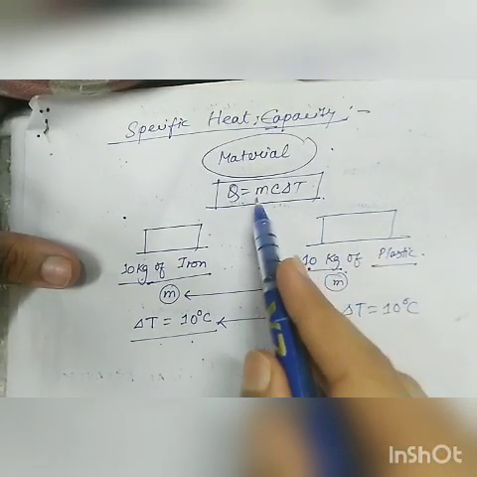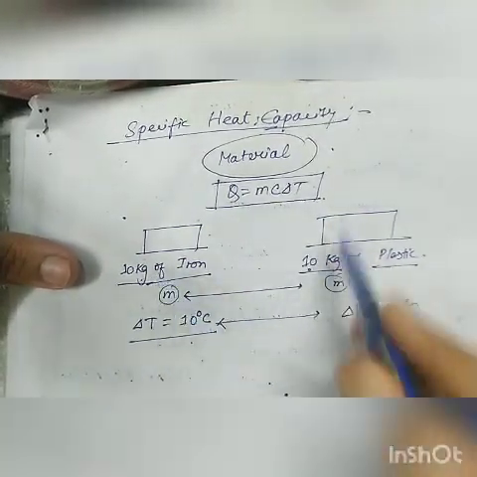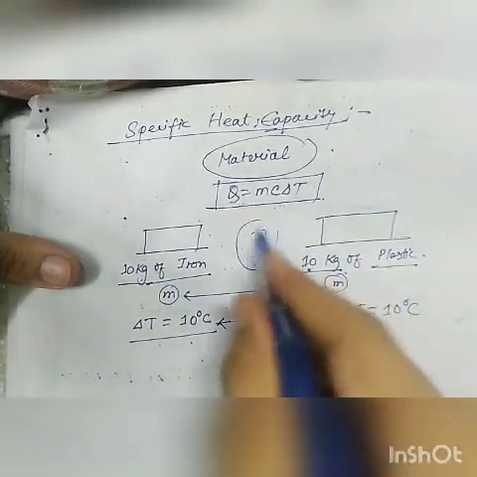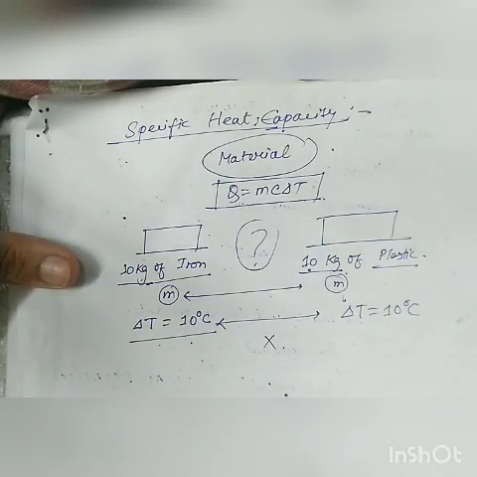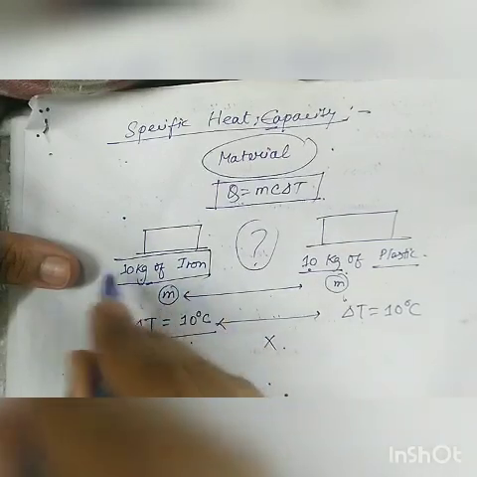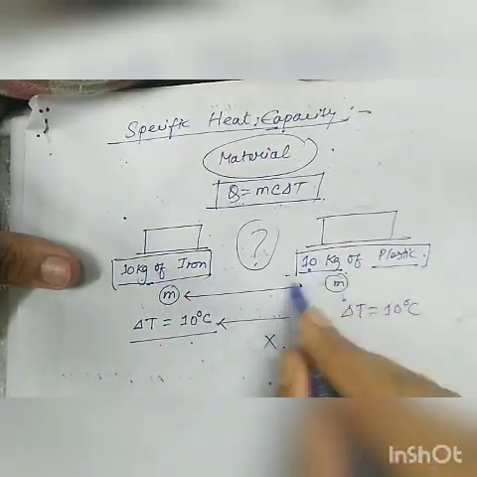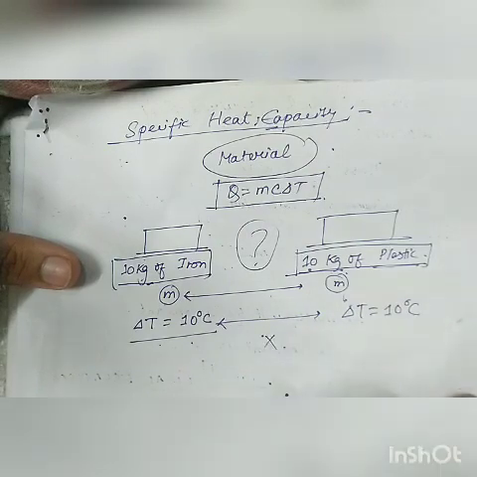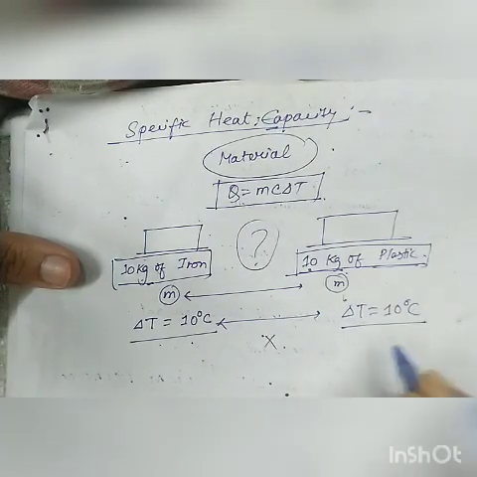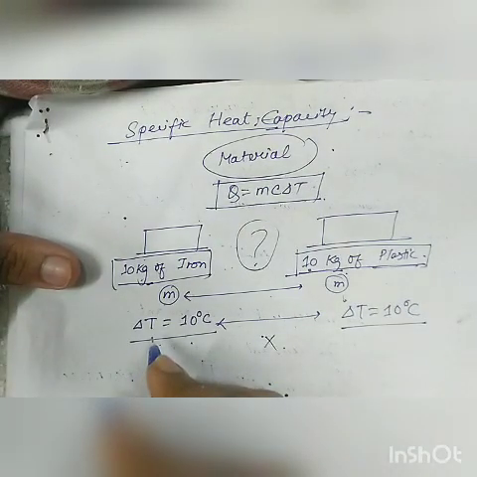See, in our equation M and delta T both are same, but will they take equal amount of heat? The answer is no. Why not? Because iron and plastic are different materials, so they will take different amount of heat to increase their temperature by the same amount.